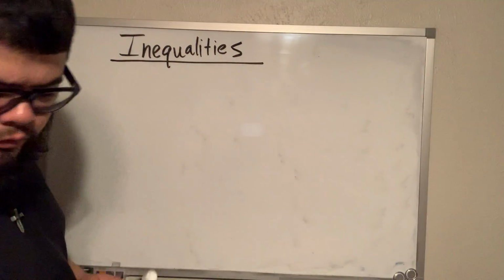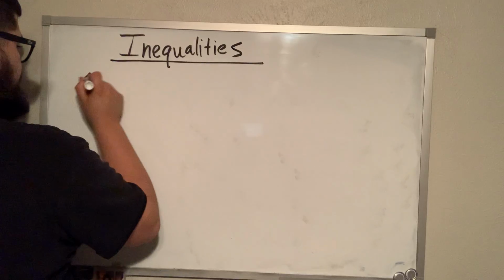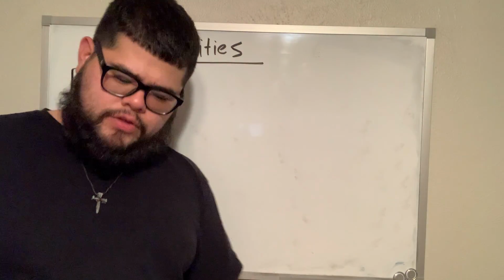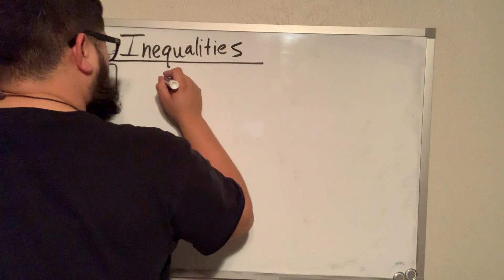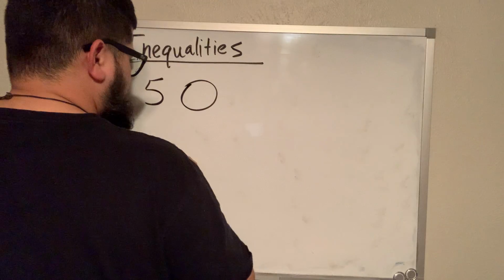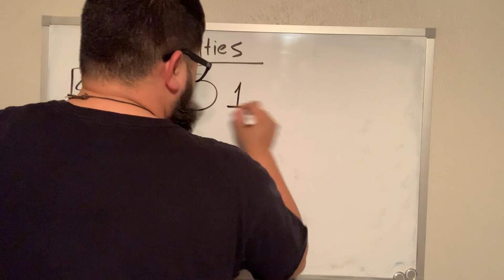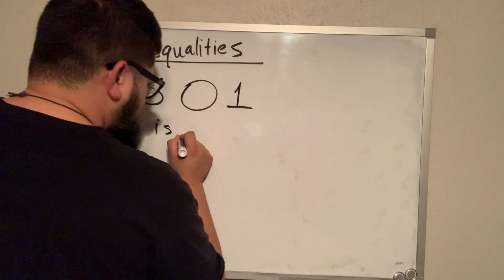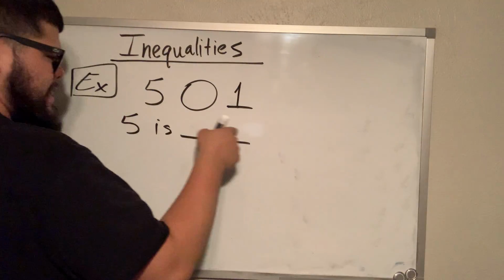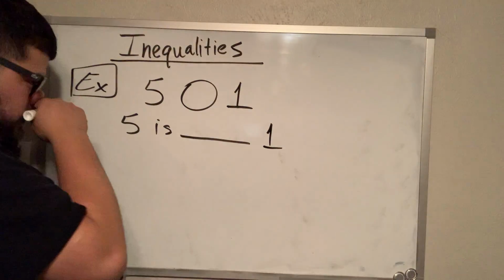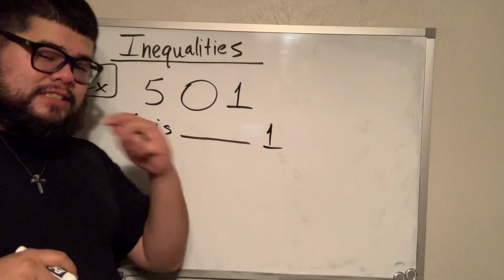All right. First example. We got to remember less than, greater than. So we're going to start off with something very simple. 5, blank space, and 1. So the way you want to look at this is 5 is blank 1. And we're trying to see if we're going to fill in greater than 1 or less than 1.